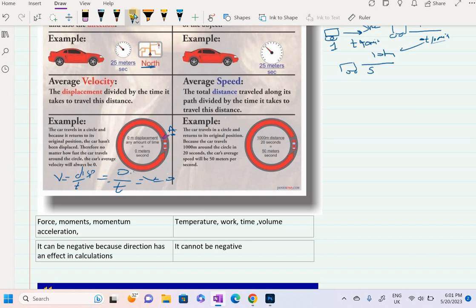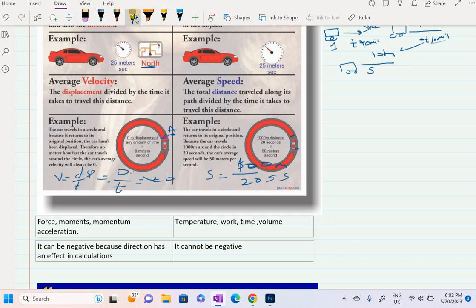But when I want to find the speed, the perimeter of this circle, or the distance from here till here, is for example 100 meters, over the 20 seconds that the car takes.